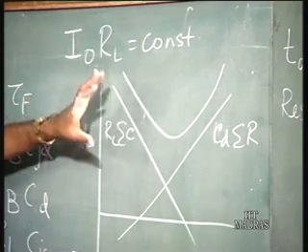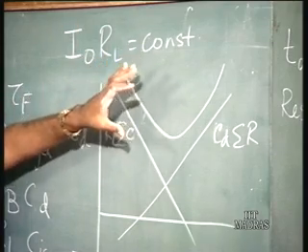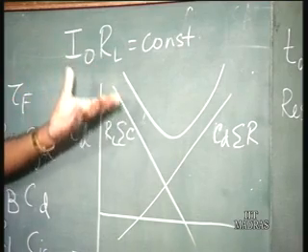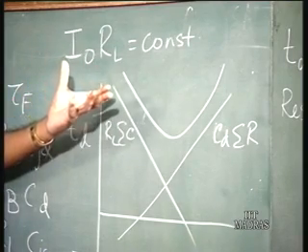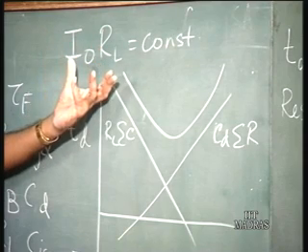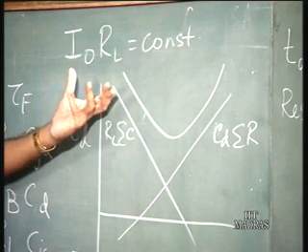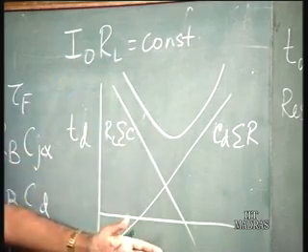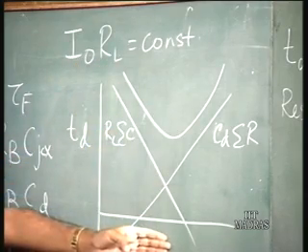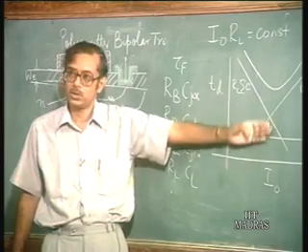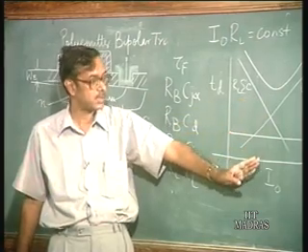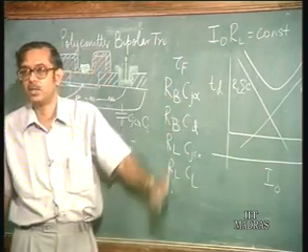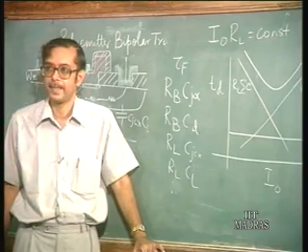If you have chosen 0.4 as your logic swing, you can have all sorts of combinations of I naught and RL to get 0.4 volts. Now what you are going to choose as the value of I naught and the value of RL? You have to see at which I naught the delay is minimum. Depending on that you choose the value of I naught, and accordingly the value of RL is going to be fixed.